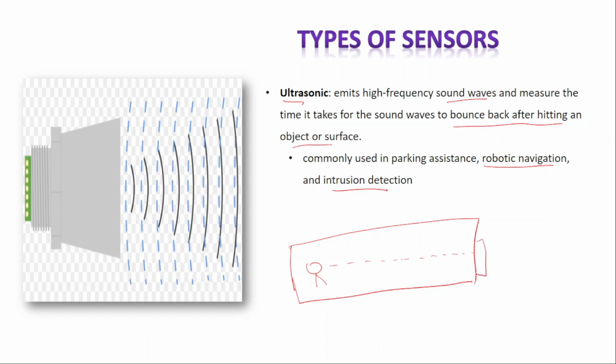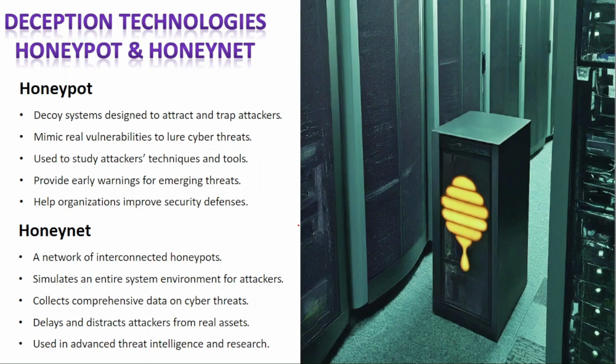Let's suppose there is a door over here, the waves will come back, and this will measure a specific distance, let's suppose 2 meters. But if an intruder enters the door and comes over here, the distance will be reduced, and so the alarm will be set. So that is how the ultrasonic sensor works.